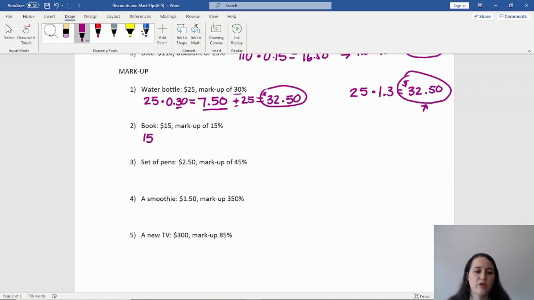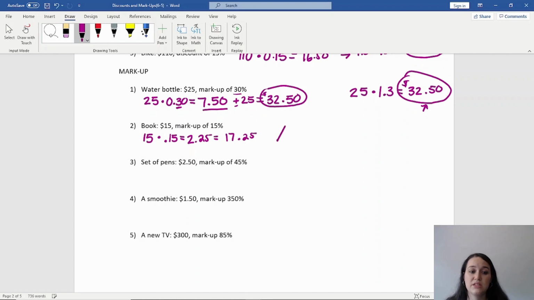So for your book, you have $15 to make the book, or the cost of the book. And I'm going to multiply that by 0.15. So we're going to add $2.25 to the cost of the book. Here we go. So you're going to pay $17.25.